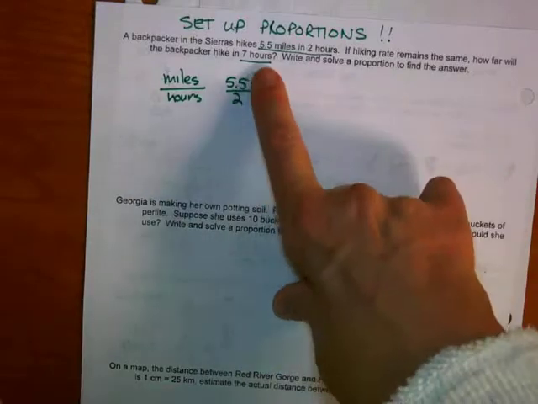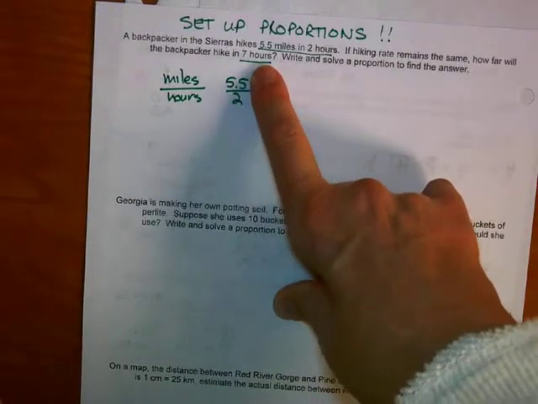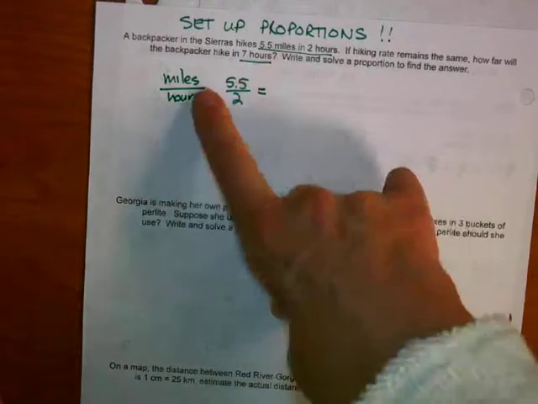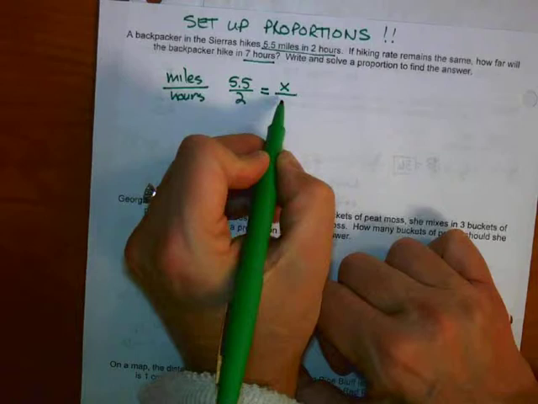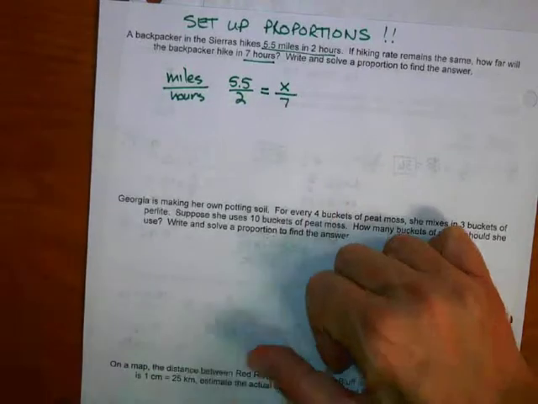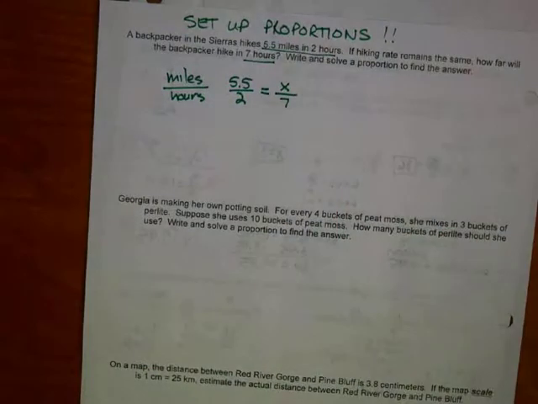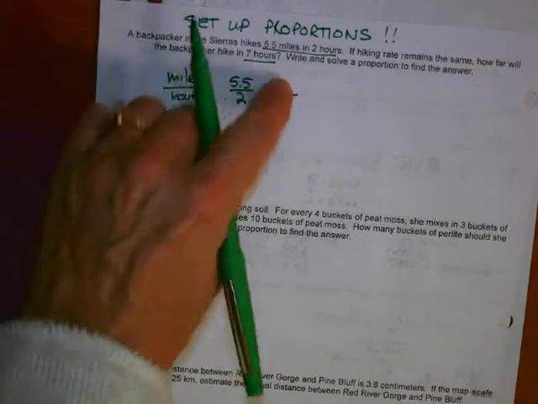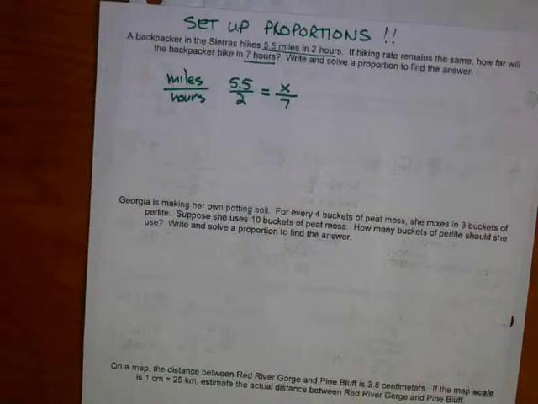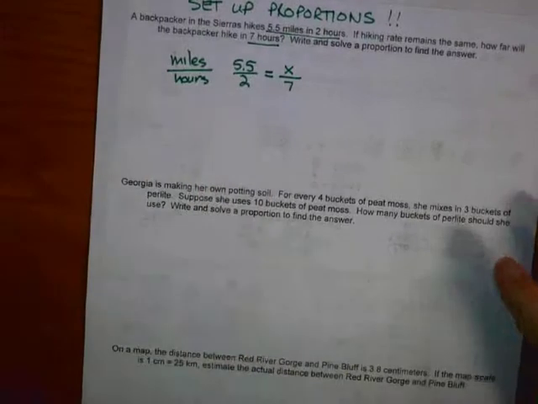Do I know how long the backpacker hiked the second time? Do I know the miles? No, that's my unknown. But I know how many hours, which was 7. Do I have a proportion I can solve now? Miles to hours, miles to hours. Yes. There is a different way to set this up, and I'll show you in the next problem.